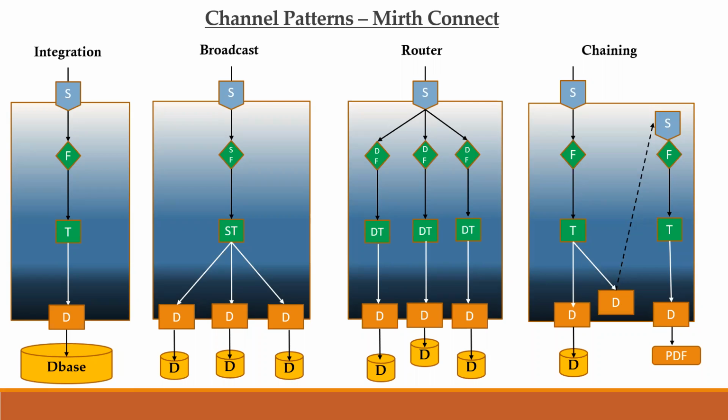In our example, I have set most of them to database, but it is not essential that it should always be a database. It can be any other receiving system, which may receive the data on TCP/IP, on web services, or a database as shown in the screen. It may be anything.